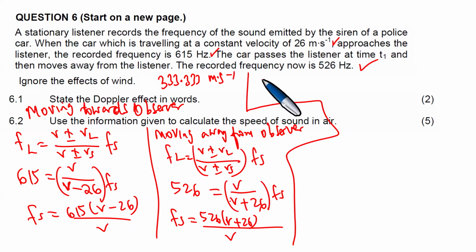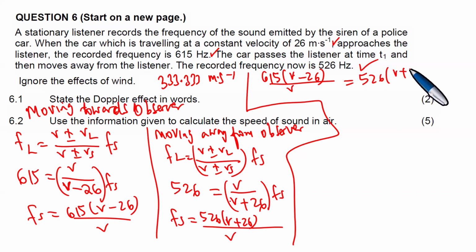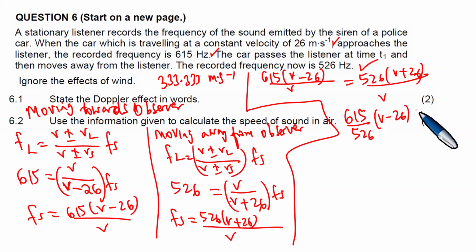which is 615 V minus 26 over V, which equals 526 V plus 26 over V. Okay, so the V cancels, giving us 615 divided by 526 times V minus 26 equals V plus 26.